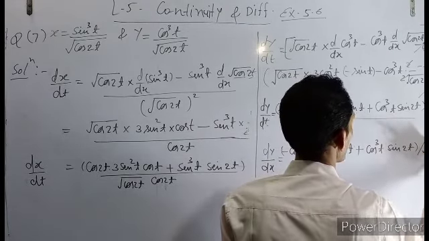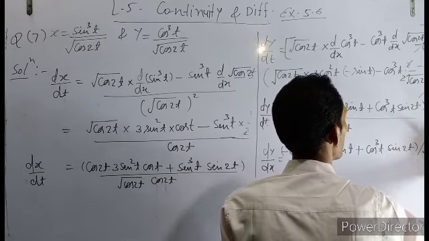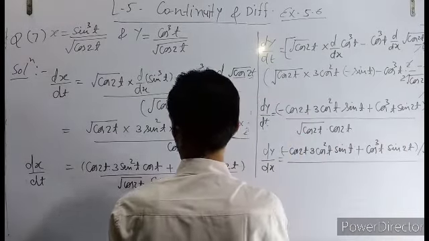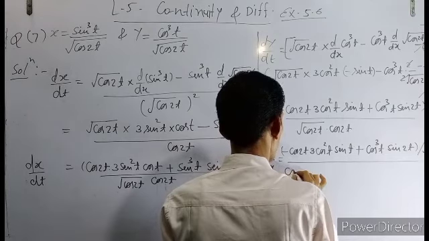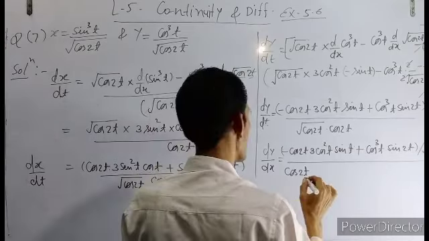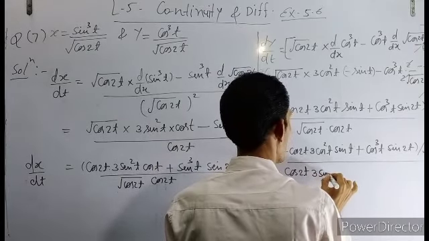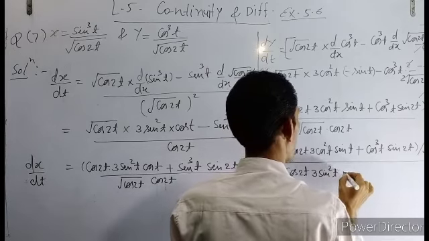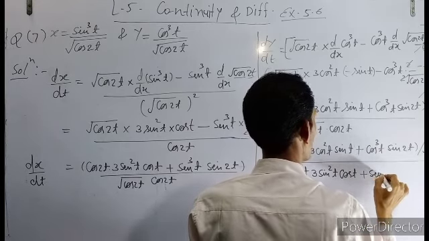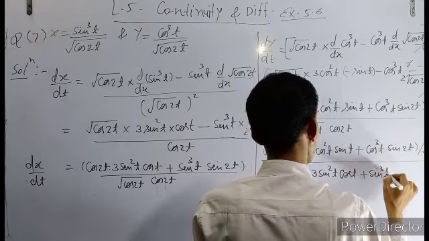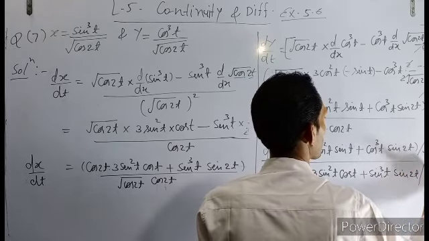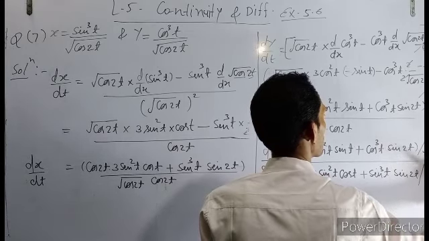under root cos 2t into cos 2t. Similarly, you can write here dx by dt: cos 2t into 3 sin square t cos t plus sin cube t into sin 2t, upon under root cos 2t into cos 2t.